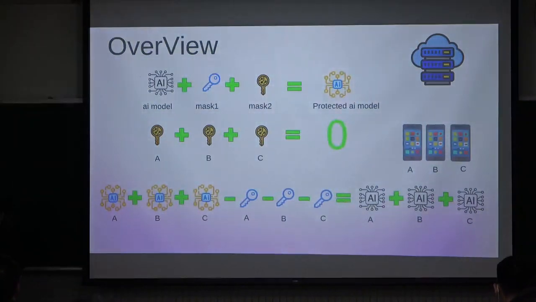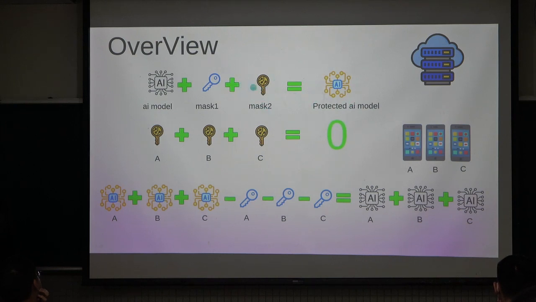Okay, in federated learning, clients like smartphones A, B, C have their own AI model. This model is trained on their private data, so they don't want the cloud server to directly get their original model. So they add their original model with 2 masks, and these masks are just lots of random numbers. So they get a protected AI model.